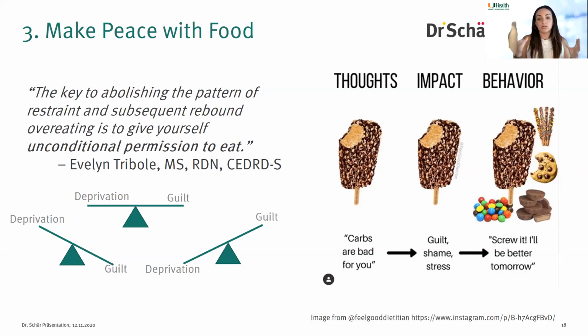If we totally deprive ourselves of something and then eat it, your guilt spikes, and then you go back into deprivation and this whole cycle continues. Really the key to abolishing this pattern of rebound overeating is to give yourself unconditional permission to eat, and to really trust yourself that your body will know when it's hungry and what it's hungry for and what foods will nourish it.